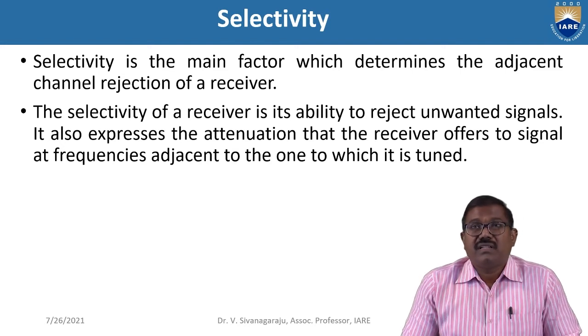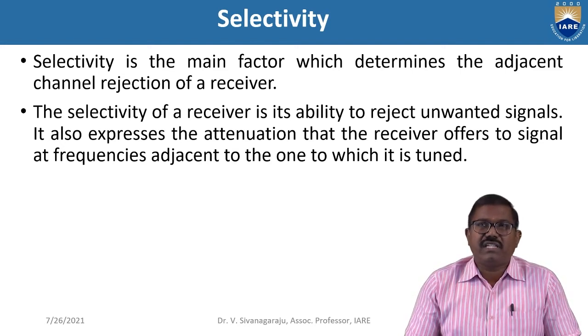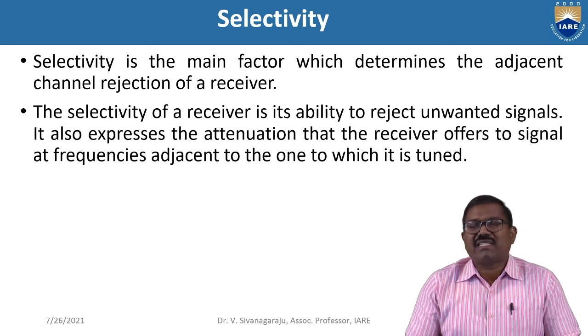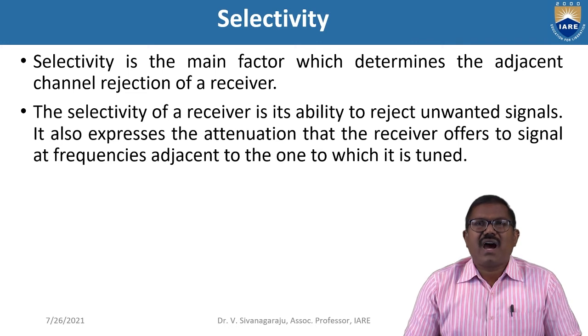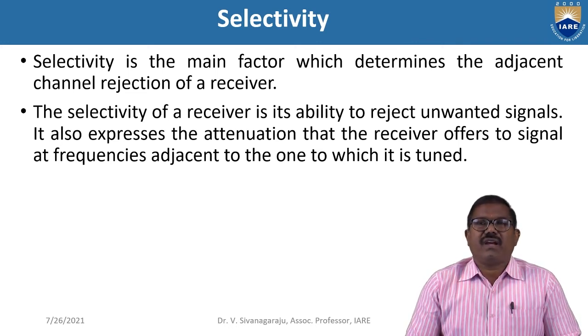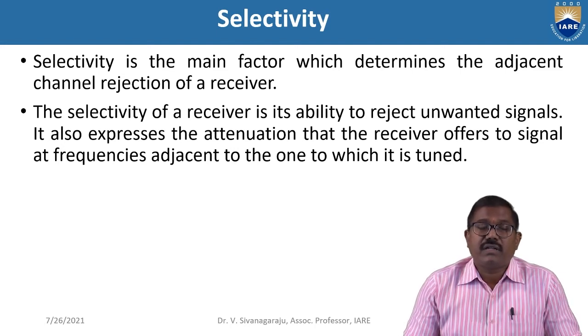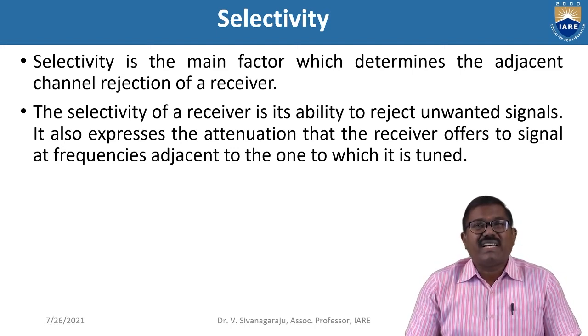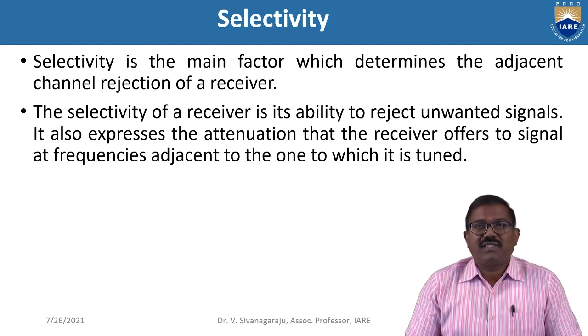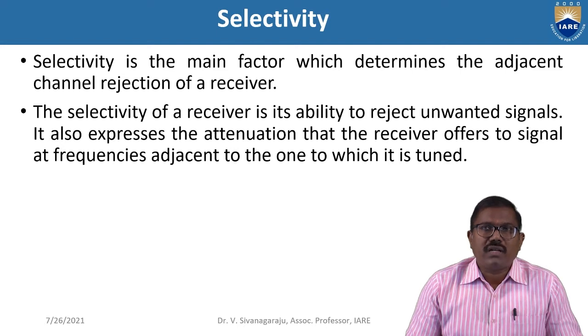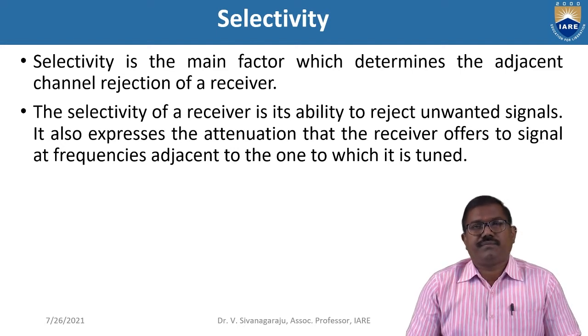Another one is the definition. The selectivity of a receiver is its ability to reject unwanted signals, that is, signals which are not required. It also expresses the attenuation that the receiver offers to signals at frequencies adjacent to the one to which it is tuned.